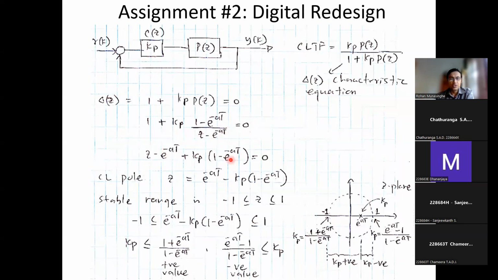I'm not going through every step. Then you are in a position to get the closed loop poles. So z is equal to e to the minus aT minus KP times (1 minus e to the minus aT). This is your closed loop pole, and it is in the discrete domain, the z domain.